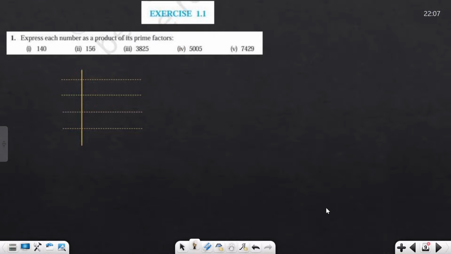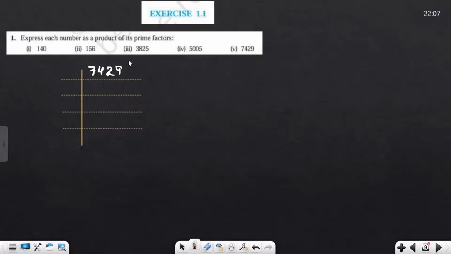Here our question is 7429. Now this number is not divided by 2, because the unit digit is 9. So add the digits 7, 4, 2, 9 to get 22. Not divided by 3. It means the number is not divided by 3.